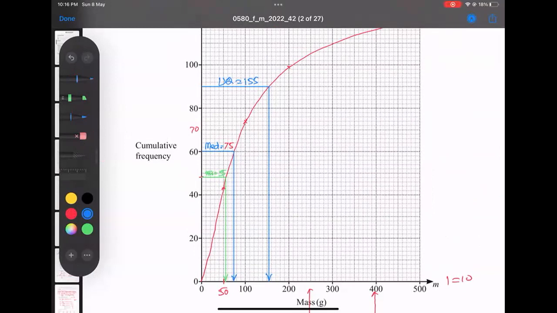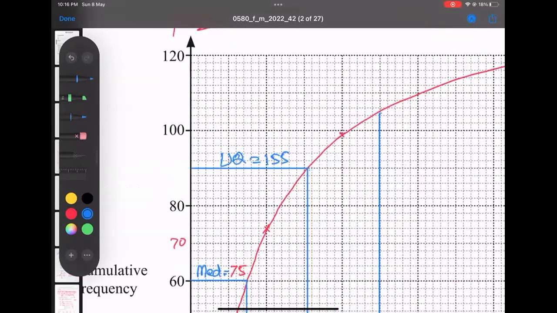Wait a minute. And look here, the meeting point. You can see it is meeting here in the middle.